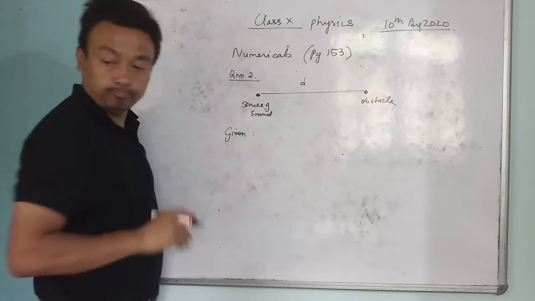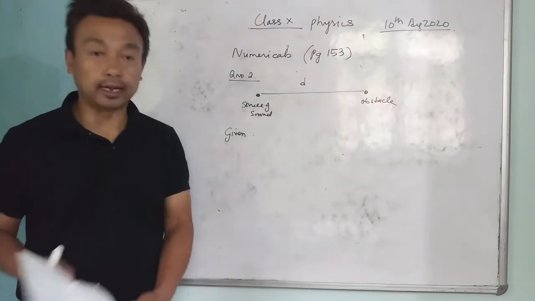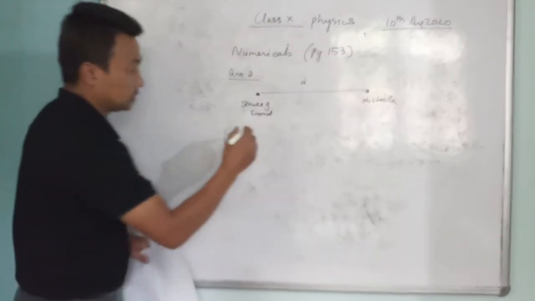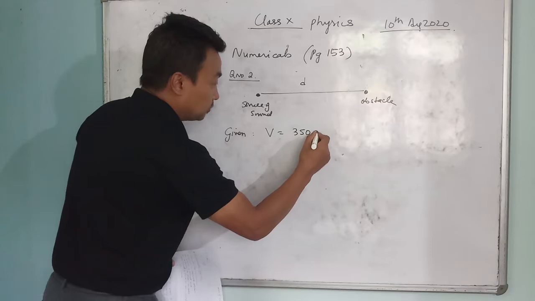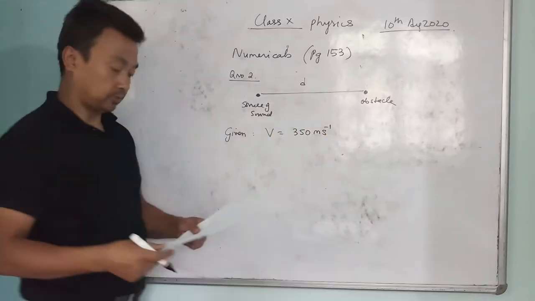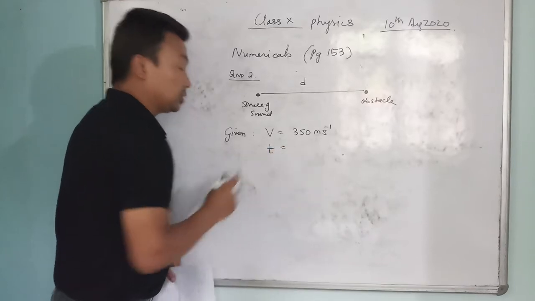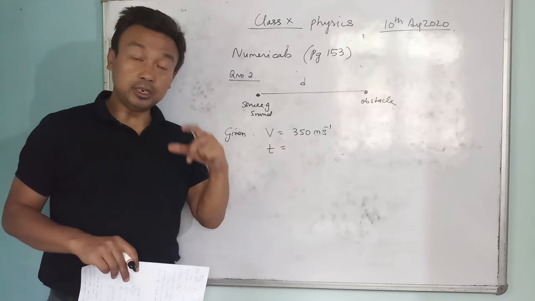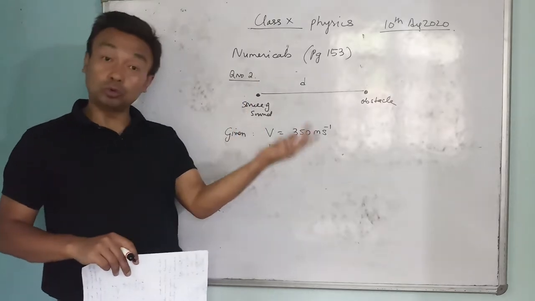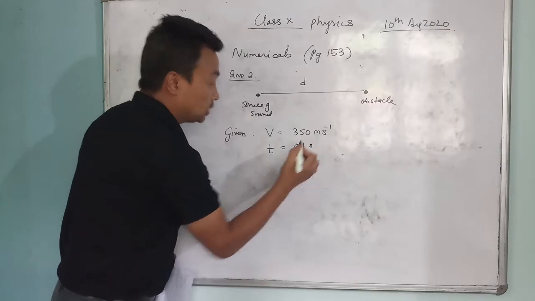Given, in the question, take the speed of sound in air as 350 meter per second. The time is not given, but we know that in the case of an echo, the minimum time required for an echo to be produced is 0.1 second, or 1 by 10 of a second.